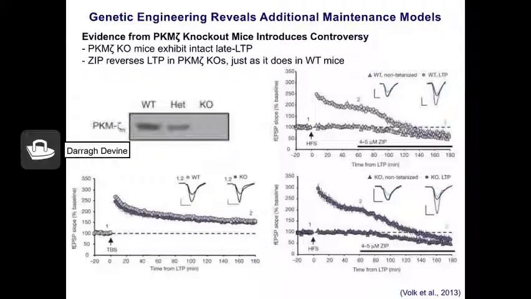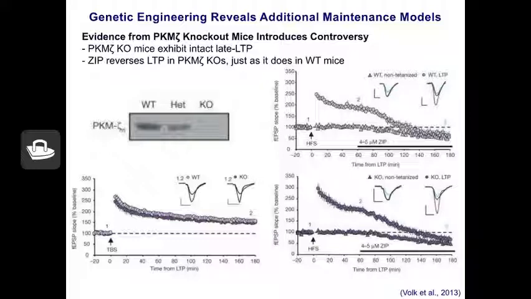So it seems like there's a pretty compelling scientific story supporting the role of protein kinase M-zeta in synaptic potentiation, and especially in the long-term maintenance of synaptic potentiation. Everything points toward protein kinase M-zeta playing an essential role as an integrator of long-term maintenance of potentiation and memory.